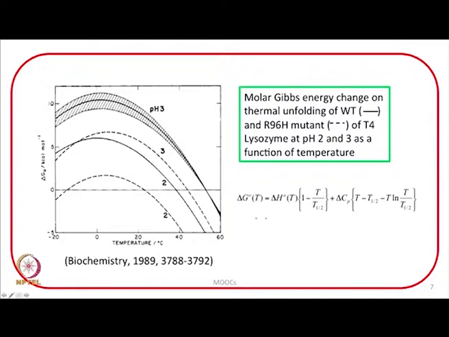So by using this expression, the complete delta G naught versus temperature curves have been drawn from minus 20 degrees Celsius to 60 degrees Celsius. And the shaded area represents the standard deviations in delta G naught when you incorporate the standard deviations of delta H naught, T half and delta Cp.